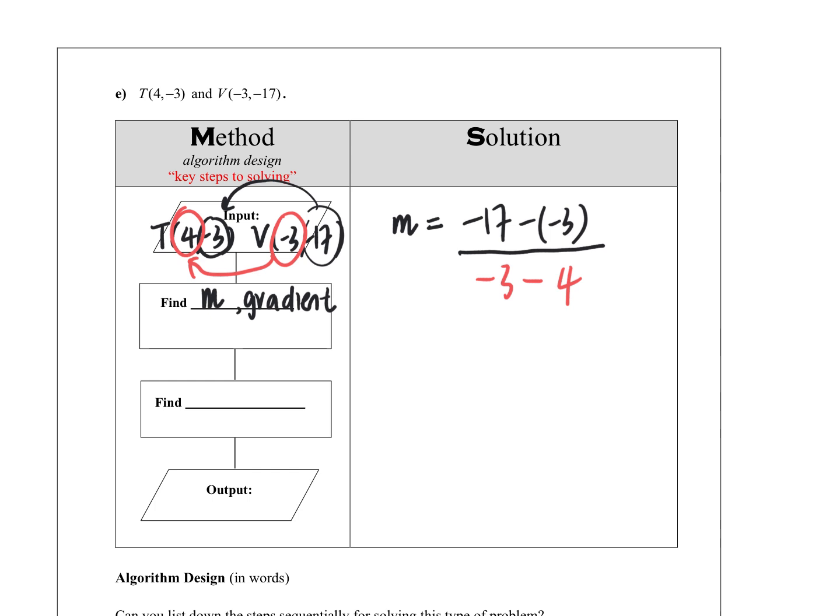Okay, remember the Y is on top, the X is at the bottom. So what do you get? So it's a gradient of 2. Next, you want to find y-intercept. The formula to find it is y minus mx.